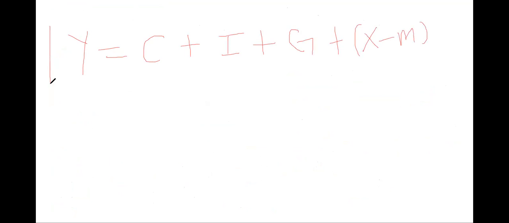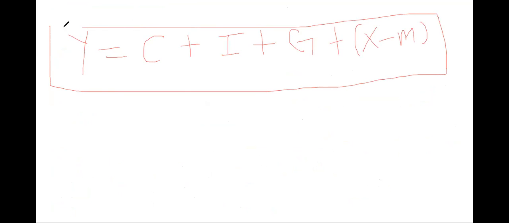So this is the fully fledged formula, the full, complete model. But from this complete model, we can make some assumptions.